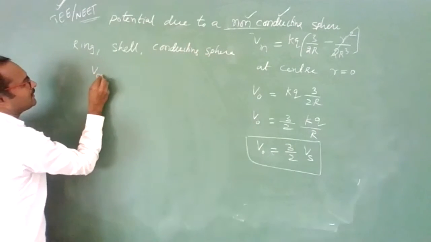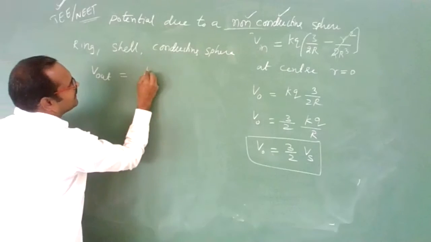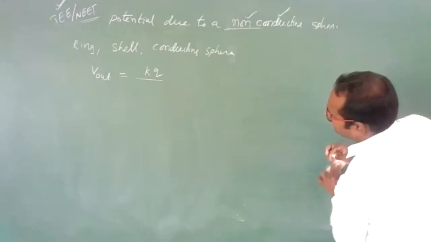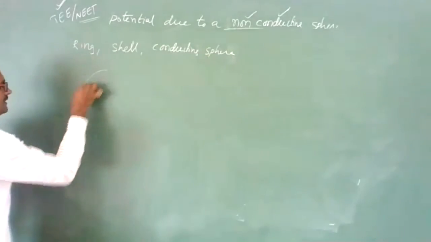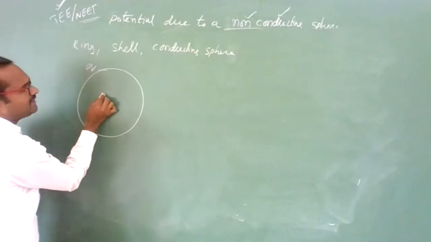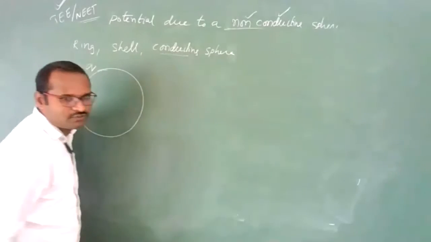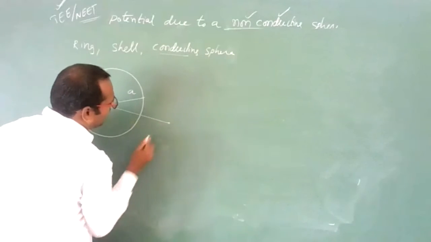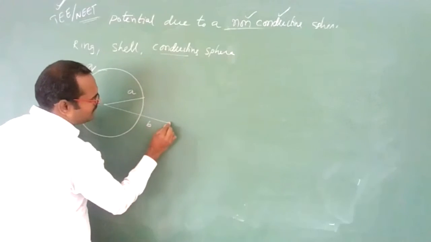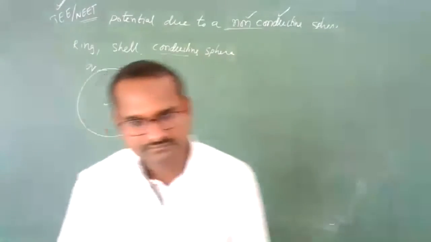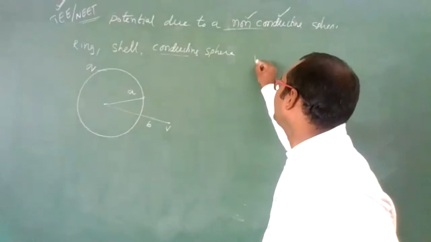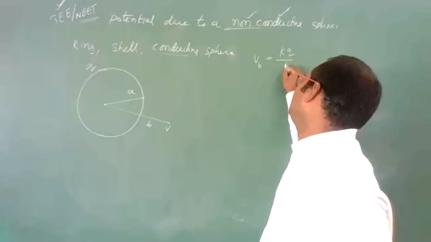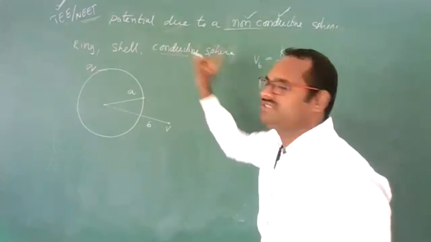Imagine you consider a charge q, it may be a ring, a shell, or a conducting sphere, having a radius small a. Now I want the potential at a distance of small b. Simply we can write the potential at a distance b as kq by b due to any of these three.